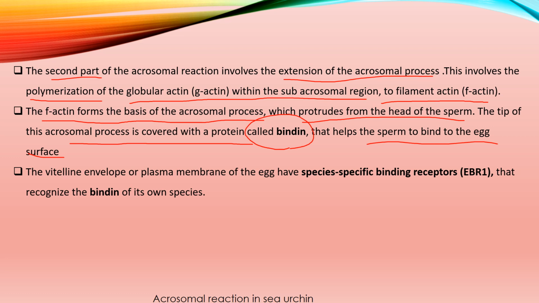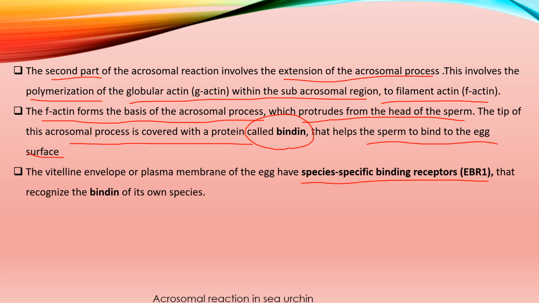The vitelline envelope of the egg has a species-specific binding receptor called EBR1. Bindin, present in the acrosome of the sperm, binds to this receptor, EBR1.